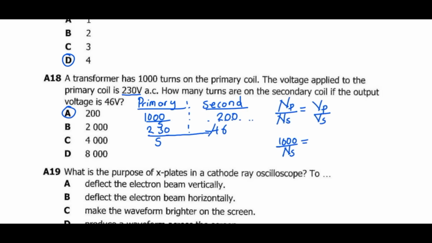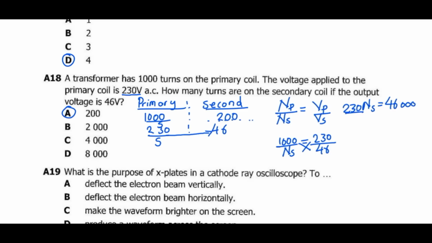Voltage on the primary is 230 over 46. Then we can cross multiply. 230 times Ns is 230 Ns. Then we have 1000 times 46. We know that this will give us 46,000.